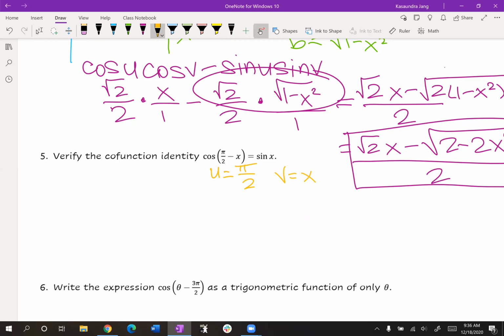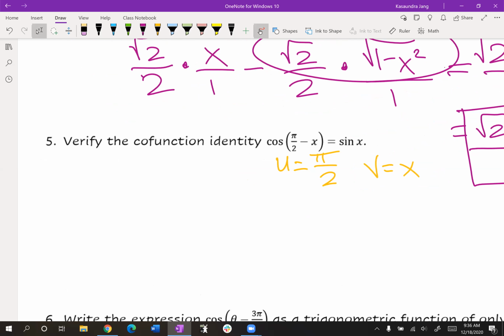So in this case, cosine of my u is pi halves, and then cosine of v, which my v is the x, okay?